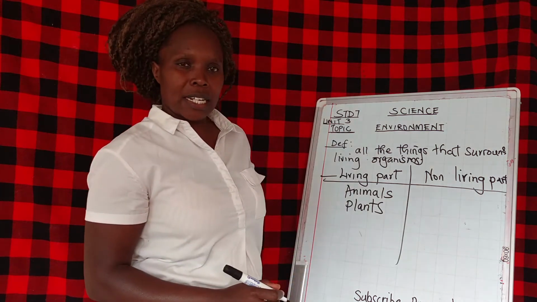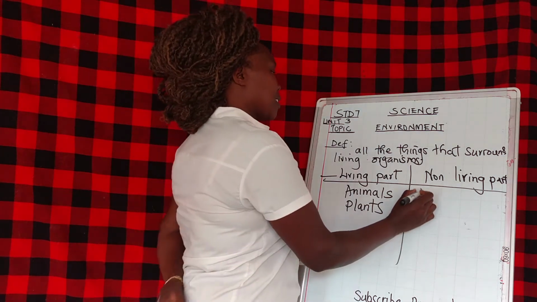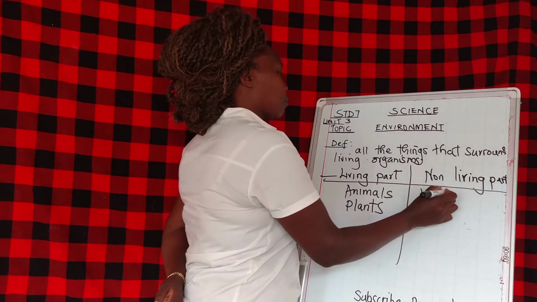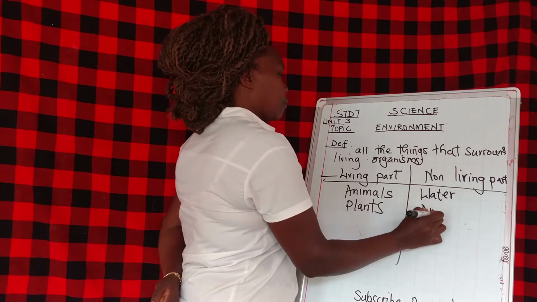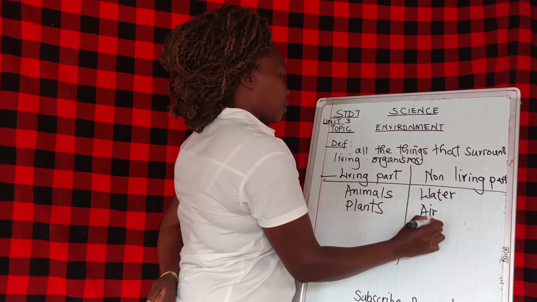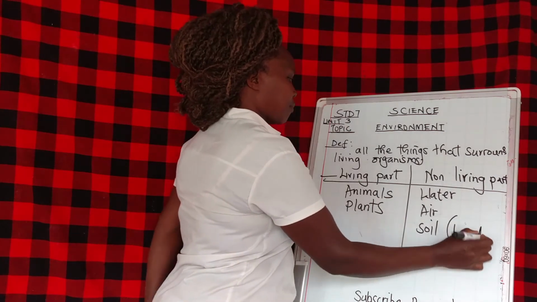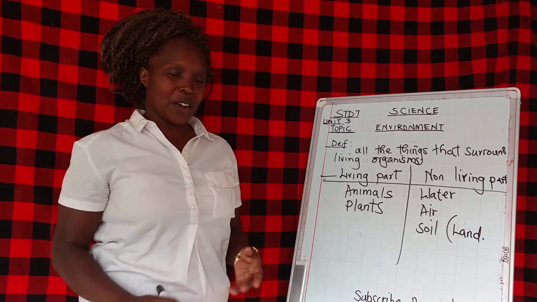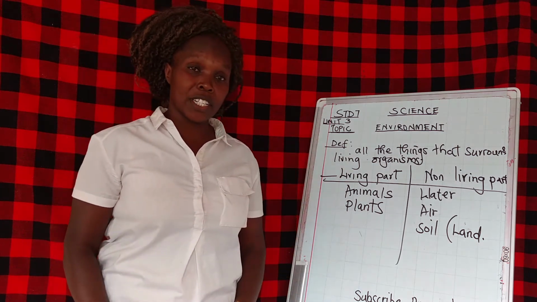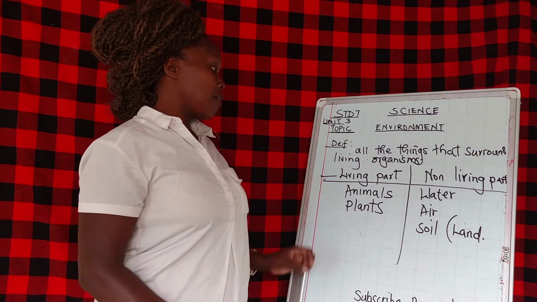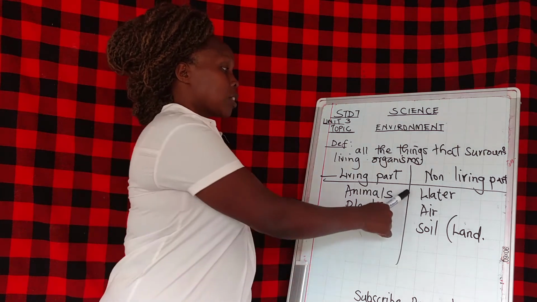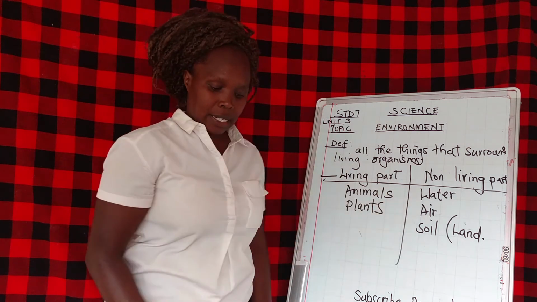What about the non-living part? It comprises water, air, and soil. In soil, we can talk about land. So we can see that we have 5 major components of the environment: the animals, plants, water, air, and soil.